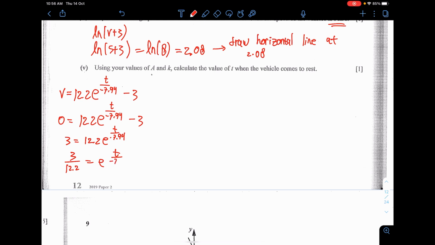Then I need to ln both sides. So ln of this, and if I ln the right hand side, I'm just going to get the t over negative 7.94. So use your calculator and then cross multiply the t. You're going to get somewhere around 11. And that is the time when the vehicle comes to rest.